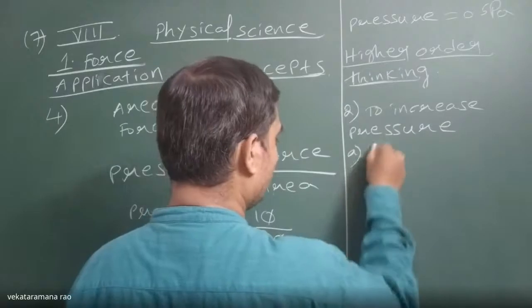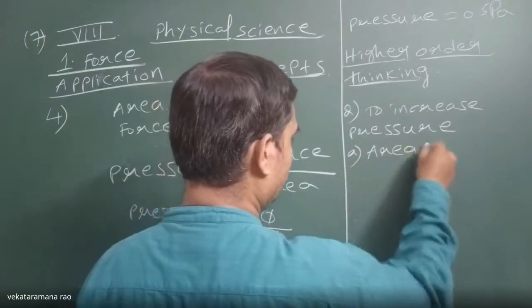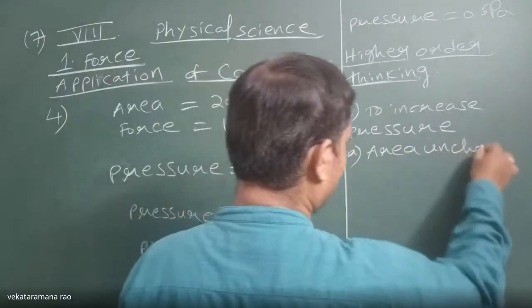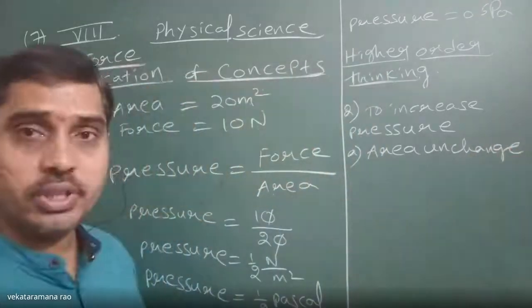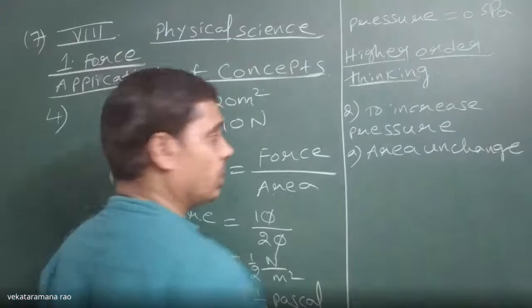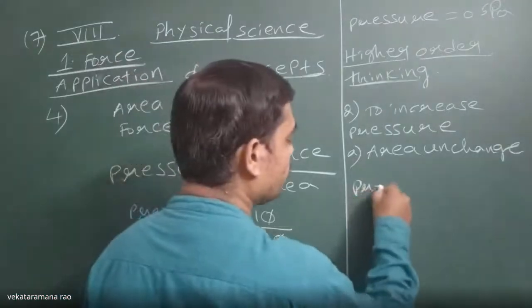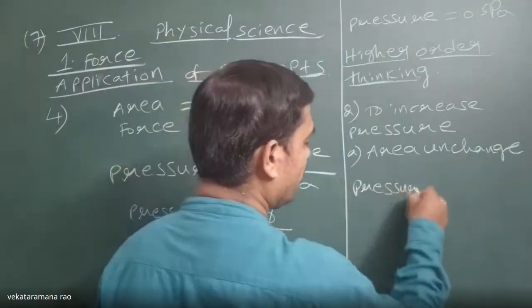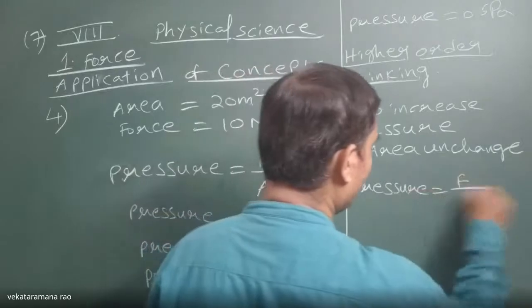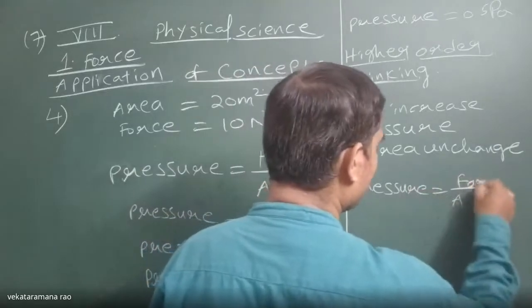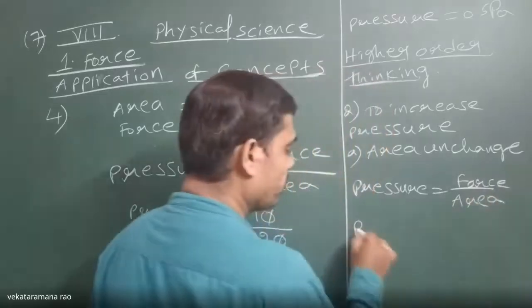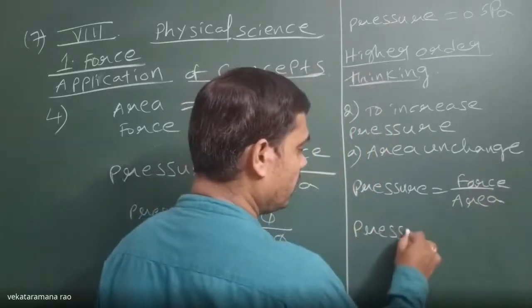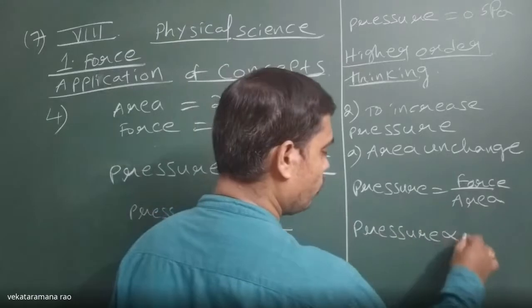First, the area should be unchanged. If the area is unchanged, how can we increase the pressure? We know that pressure is equal to force by area. Pressure is directly proportional to force.